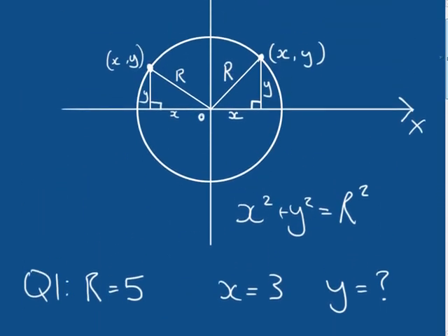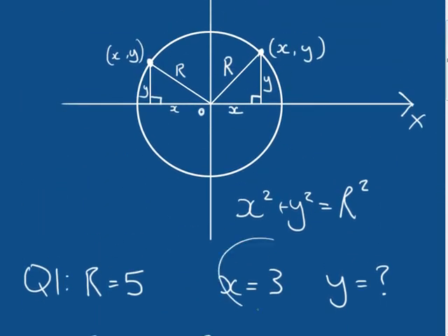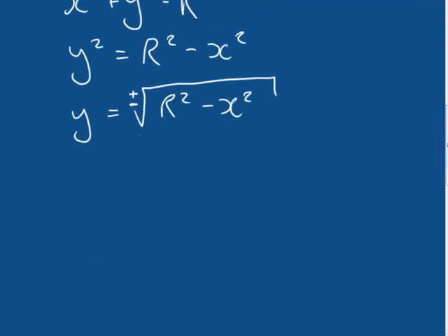And we can see this on our circle. If we had an x coordinate, say, of 3, there are actually 2 points on our circle that could have an x coordinate of 3. One up here and one down here. Both have a y value, but one is positive and one is negative. So one is going to be the positive square root of this value, the other the negative square root of this value.